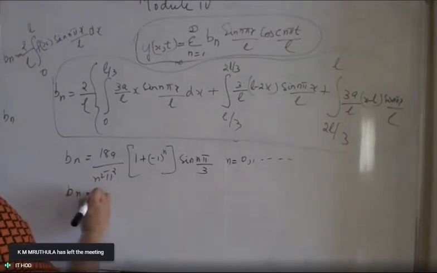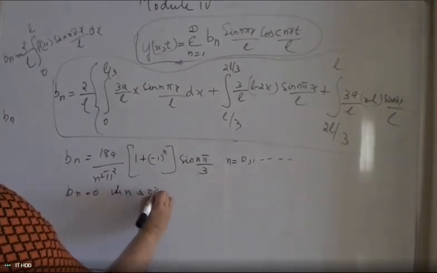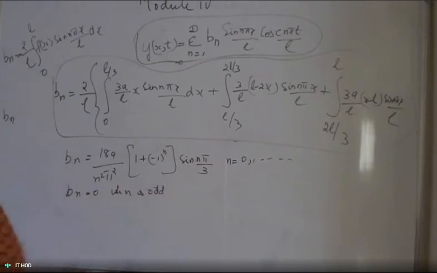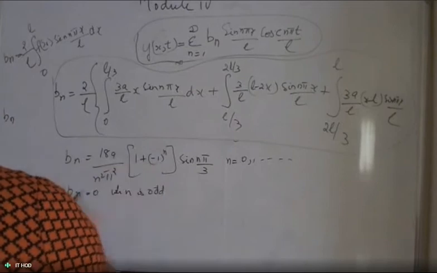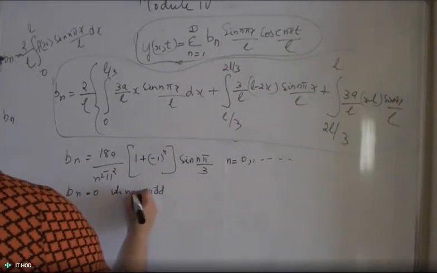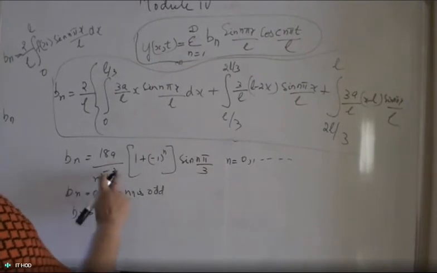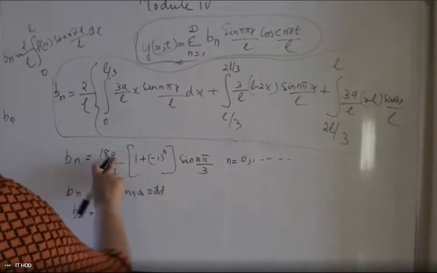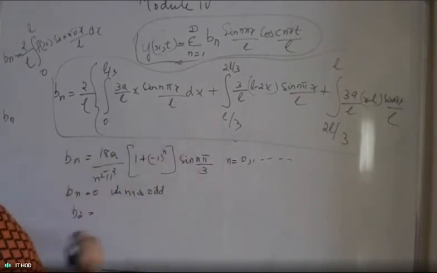So Bn is equal to 0 when n is odd. When n is odd, this becomes 0. Okay, so B2, you can find the value of B2 by putting n is equal to 2 in this 18a expression. You will get the answer B2.